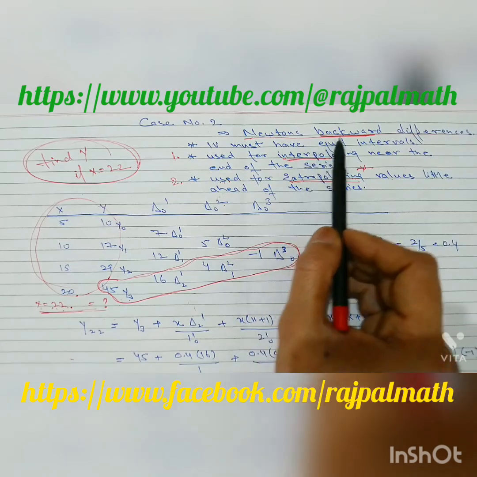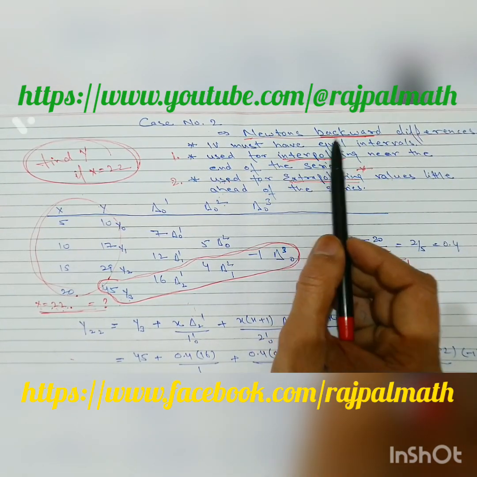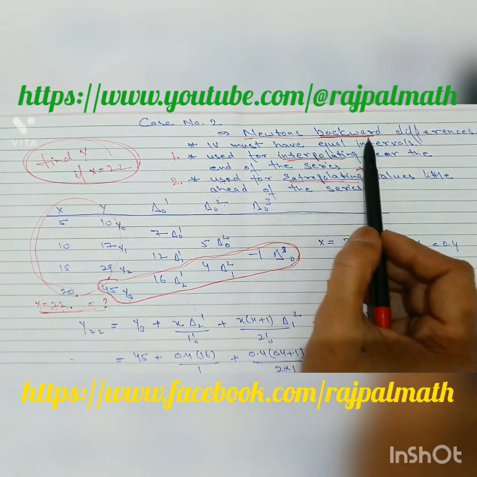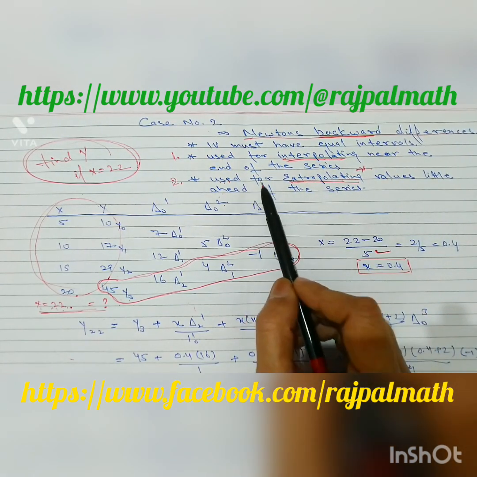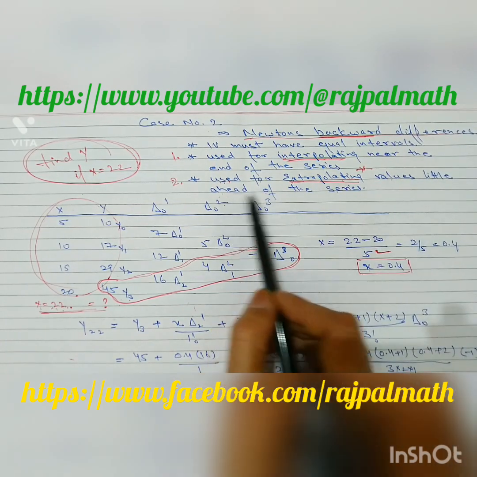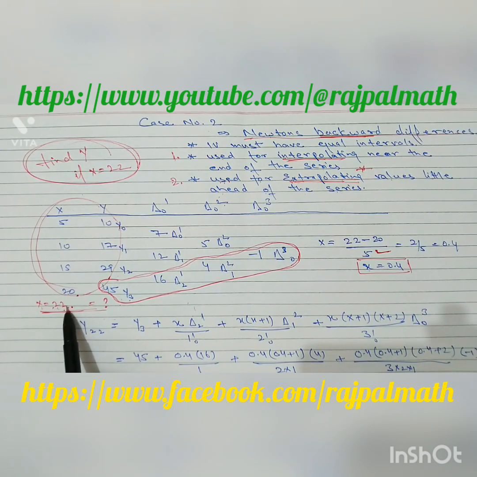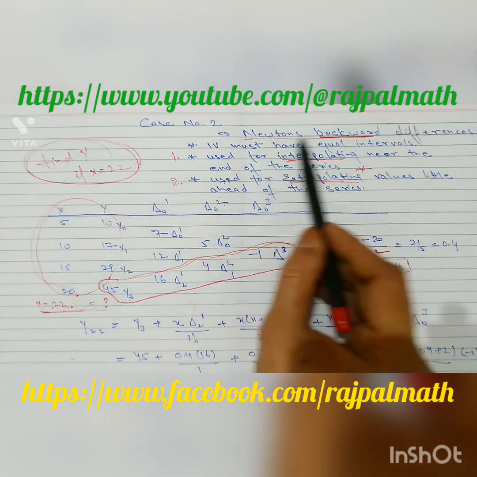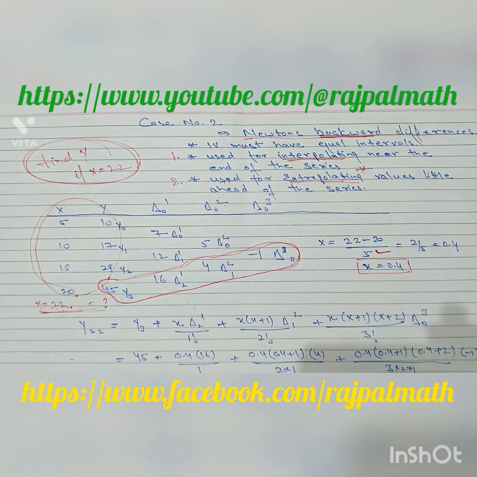Newton's forward differences method is used for interpolating the values in the beginning of the series, and Newton's backward differences method is used for interpolating the value in the end of the series, and number 2 used for extrapolating values little ahead of the series, as 22 lies near to the end of the series, near to 20. Therefore, we are using Newton's backward differences method for extrapolating the values.